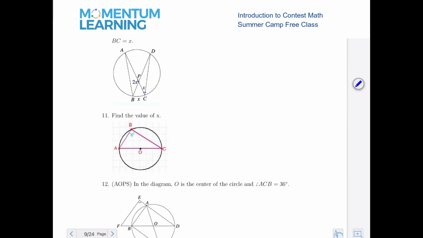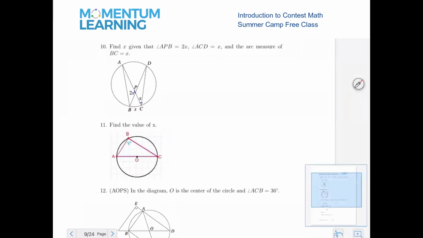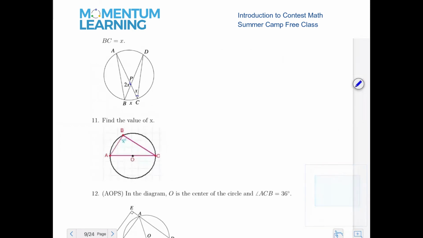Now, let's use what we learned, right? First of all, neither of these points are centers, so there's no central angle here. And we don't know if these are diameters or not. But we know that arc BC is x, and that arc is across from angle BDC here, right?